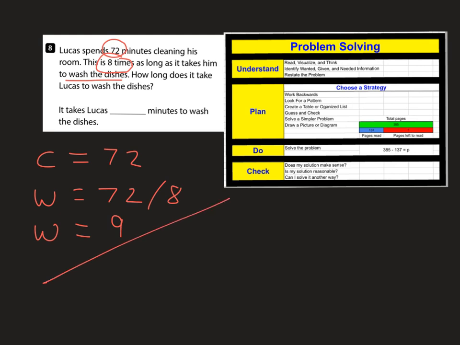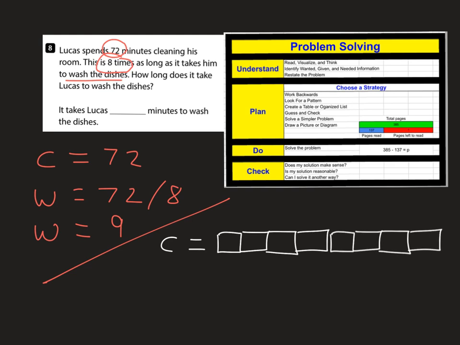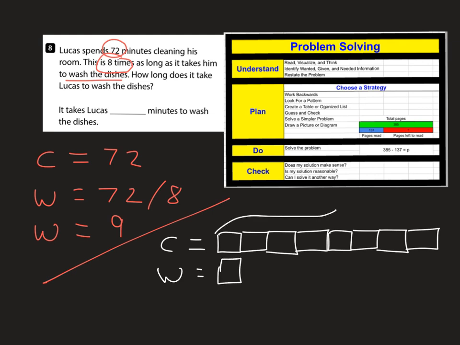All right, let's check our work in a different way here. Setting up the bar model, cleaning his room is 8 times: 1, 2, 3, 4, 5, 6, 7, 8. And then washing dishes would be 1. The total is 72 minutes.